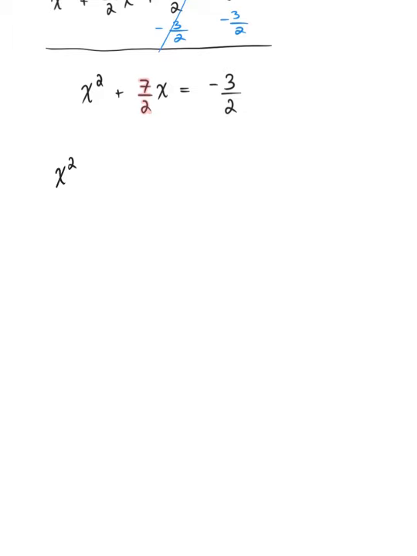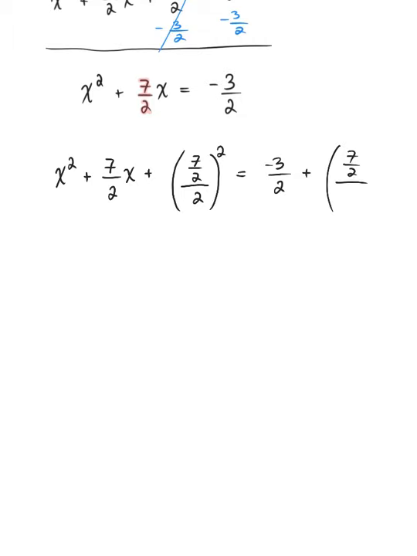So this is going to become x squared plus 7 halves times x plus, so we're going to have 7 halves divided by 2 squared added to both sides. So this is equal to minus 3 halves plus 7 halves divided by 2 squared.